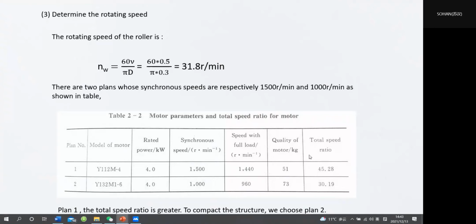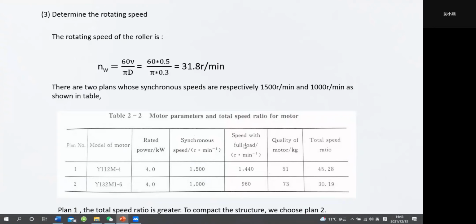What's the difference between the synchronous speed and the speed with full load? The synchronous speed is the rotation speed of the magnetic field of the motor. It's usually larger than the speed with full load.